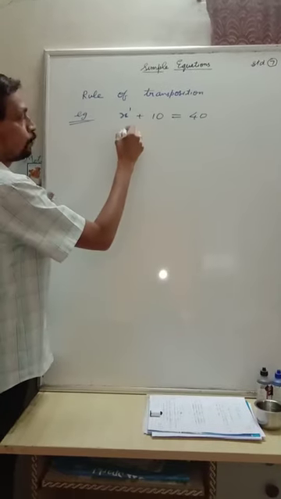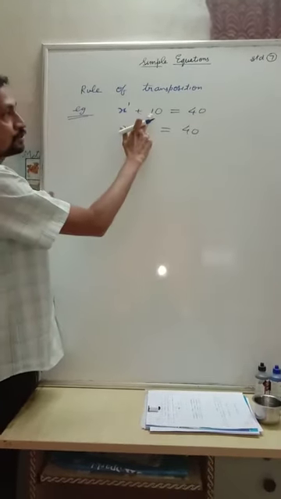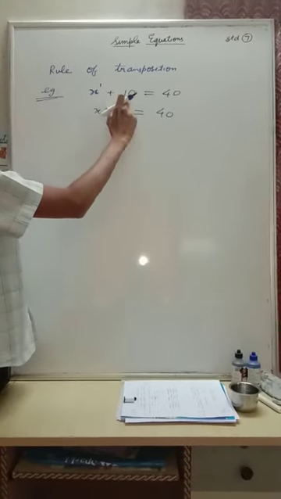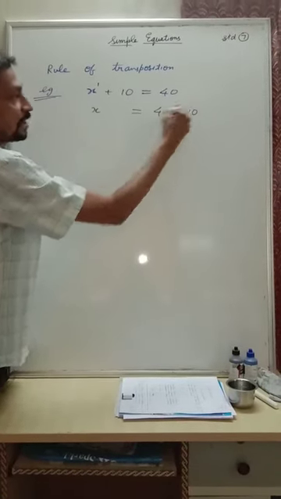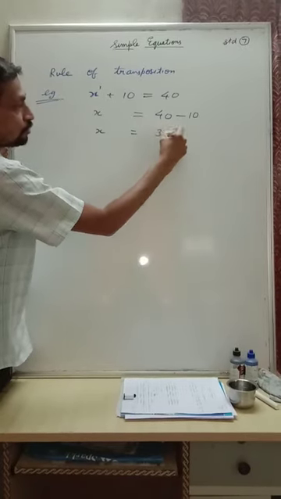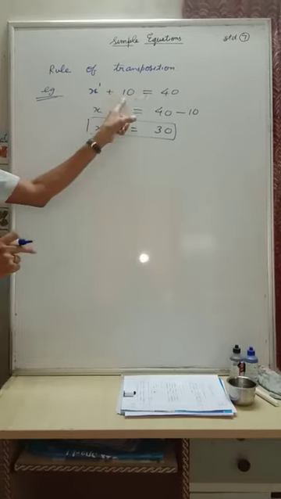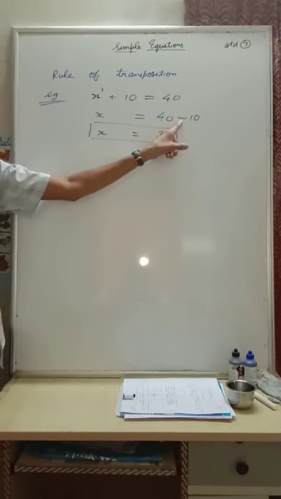So x is equal to 40. The sign of this 10 is plus 10, and when it is transposed to the other side, the sign changes, so it becomes minus 10. So my final answer will be x equal to 30. This shifting of 10 to the other side with the opposite sign is called the rule of transposition.